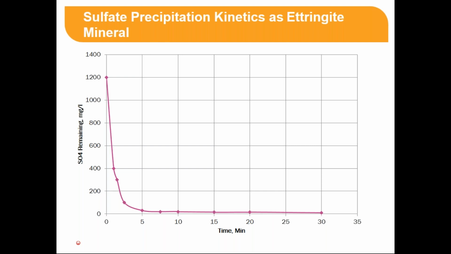If you want to go lower and lower, you need more reaction time to get to a very low concentration. So it all depends on the application. Typically, with good sludge recirculation, you should be able to get down to 100 milligram per liter, and your reaction time may be around 45 minutes to 1 hour.